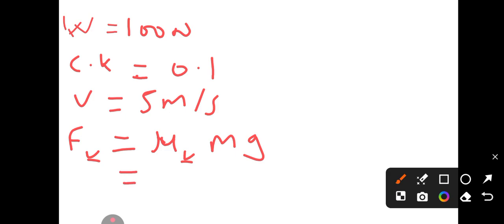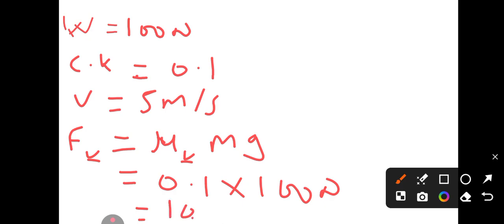The coefficient we have already been given as 0.1, and mg, which is the weight, as 100 Newton. If you do your calculation on the scientific calculator, it will give you 10 Newton.